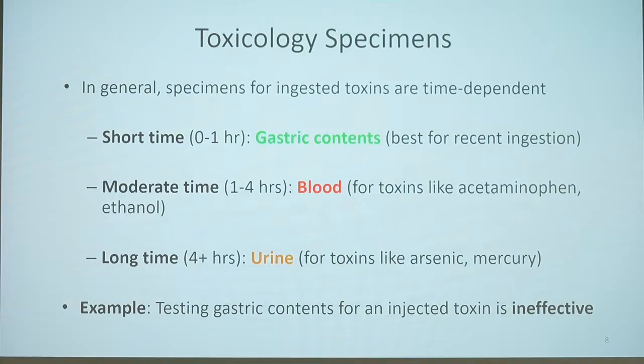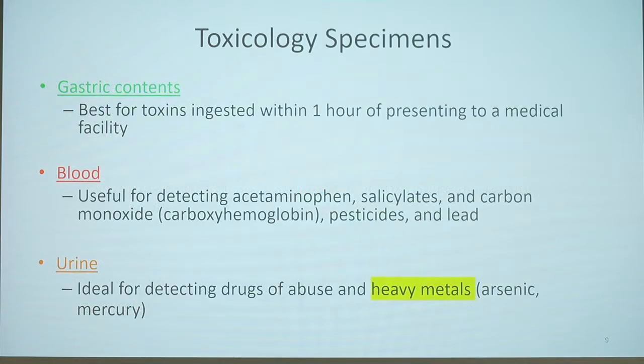And then after 4 hours, the drug or any substance is now being metabolized and removed from the body. So the urine is the best route, and that's what's used for detection. That's also what's used for a urinary drug screen that we're going to talk about shortly. Of course, you wouldn't collect a gastric specimen if the toxin was injected.